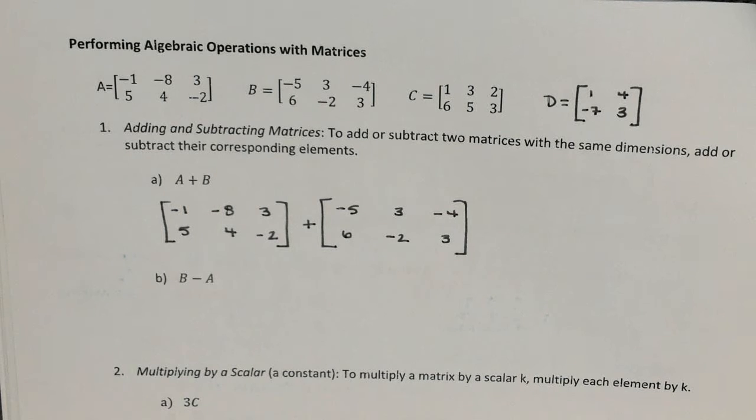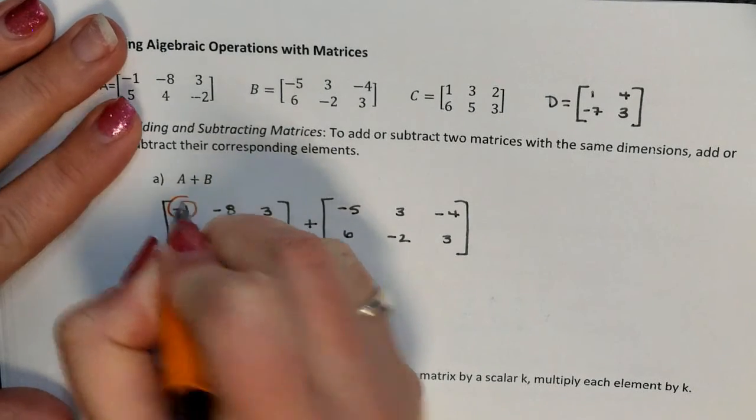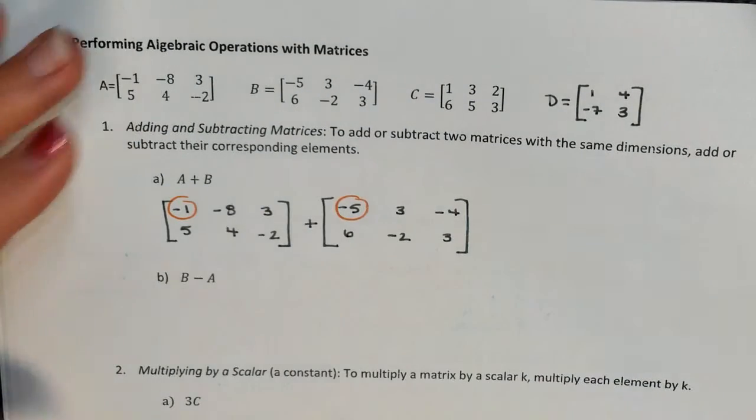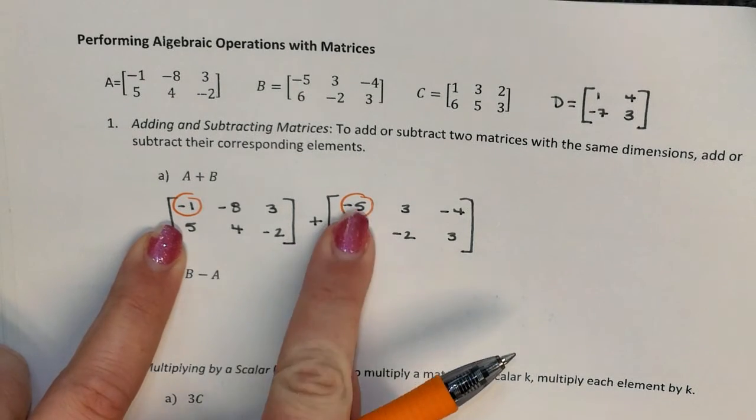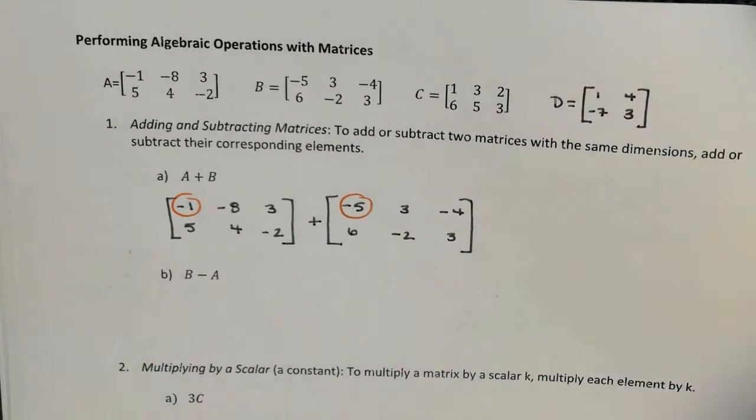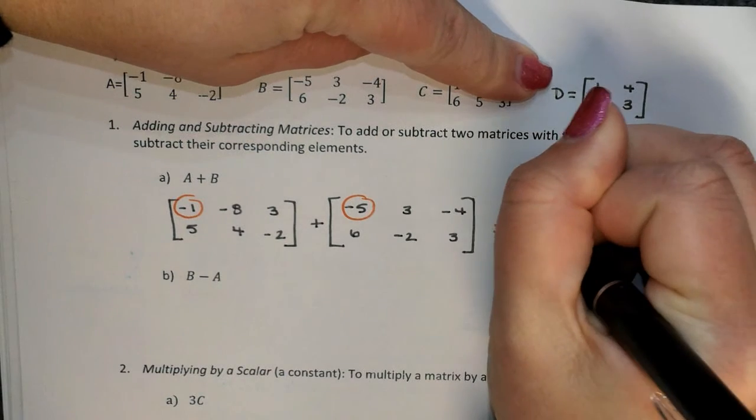All right, so when you are adding or subtracting matrices, to add or subtract two matrices with the same dimensions, add or subtract their corresponding elements, meaning elements that are in the same spot. Okay? So -1 and -5 are in the exact same spot. So all I'm going to do is -1 plus -5 for my answer here.